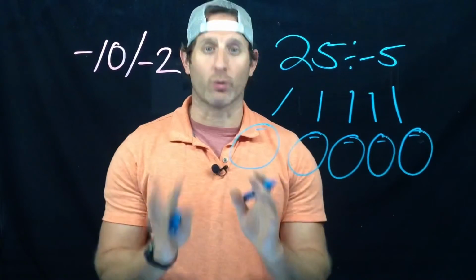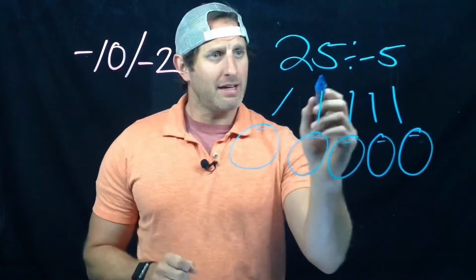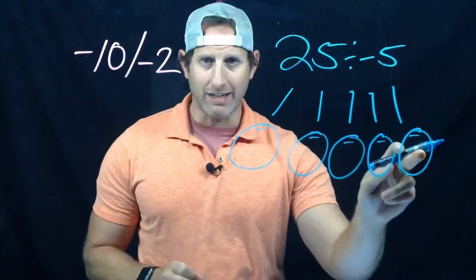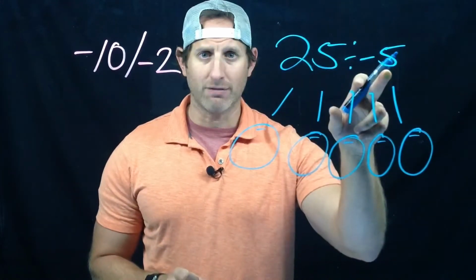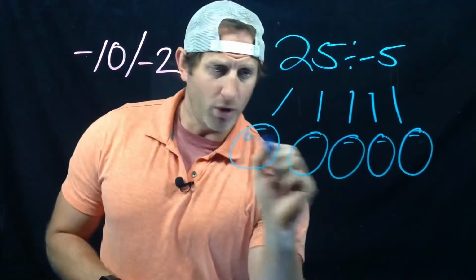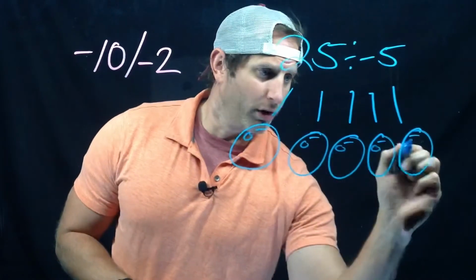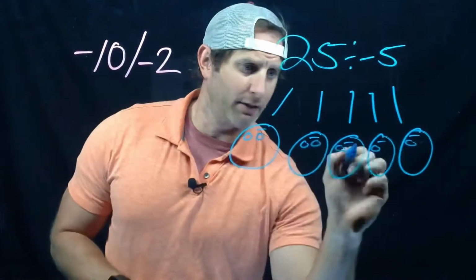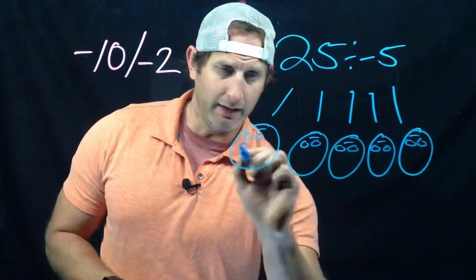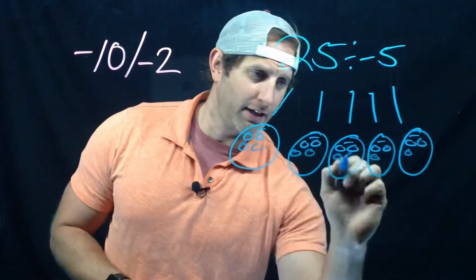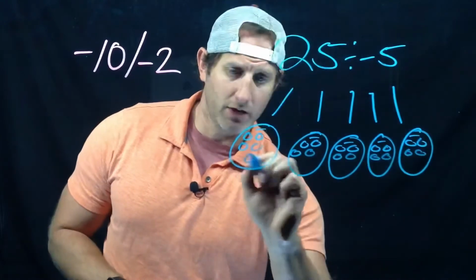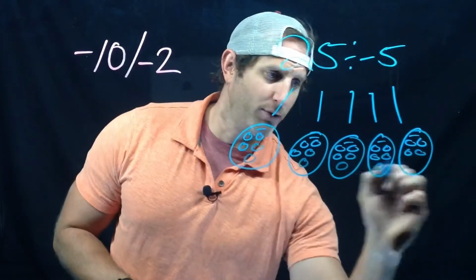So in this case, now that I know that these groups are negative, I'm going to take 25 and split it into 5 groups. So there's 1, 2, 3, 4, 5, 6, 7, 8, 9, 10, 11, 12, 13, 14, 15, 16, 17, 18, 19, 20, 21, 22, 23, 24, 25.